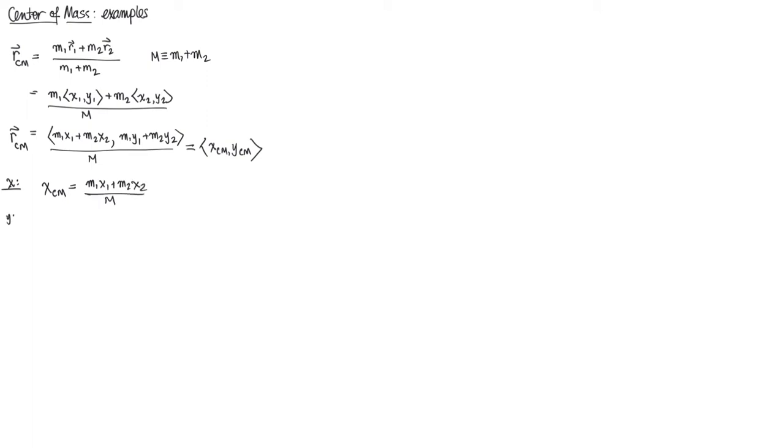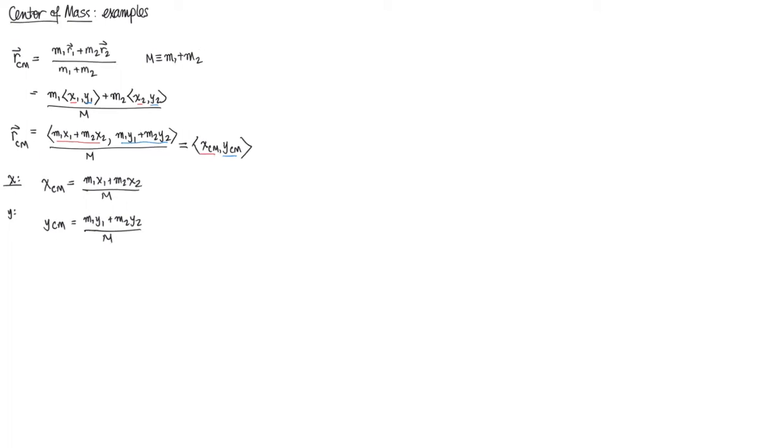And in the y direction, the y center of mass coordinate is m1 y1 plus m2 y2 over the total mass. Okay, so this vector equation is basically encoding two separate equations, one for each direction, the x direction and the y direction.